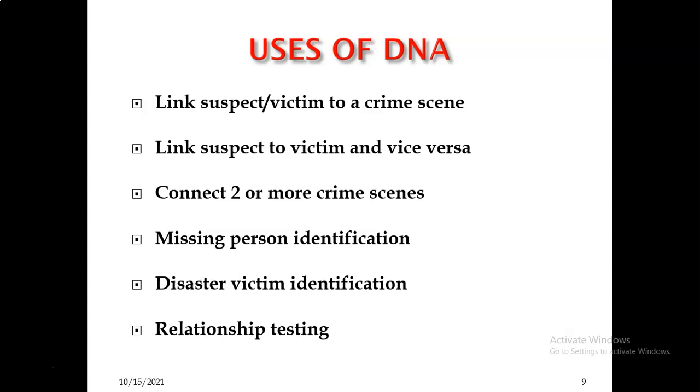We can use DNA evidence in the identification of a missing person. We can also use DNA evidence in disaster victim identification. Also, we can use DNA in relationship testing: maternity testing, paternity testing, siblingship testing, etc.